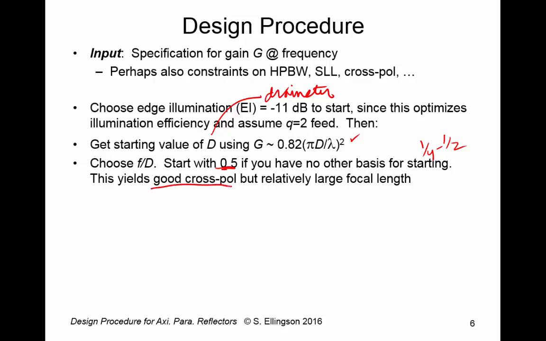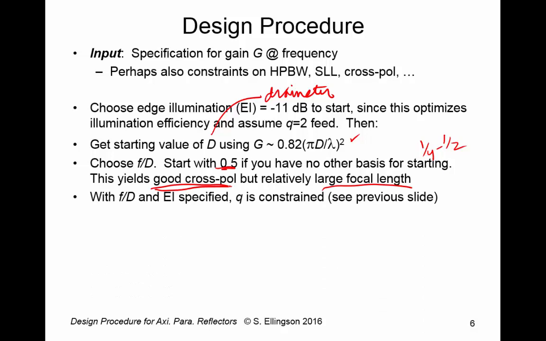We saw that in a previous lecture. The downside is it's relatively large focal length. You might find that the f required to give you f over d equals 0.5 is too large, in which case you'd scale this back a little bit to start. If you can accept the value of f that's required to give you f over d equals 0.5, then you might as well proceed because you know this will give you a good cross pole.